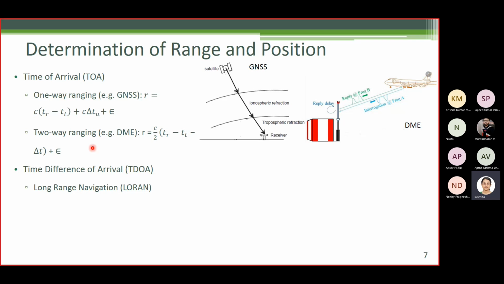But now we have a group of transmitters where one is master and the others are followers or secondary transmitters. Within a group, first the master transmits a number of pulses. And once the master transmission is over, the secondary transmitters take turns to transmit their pulses one at a time.